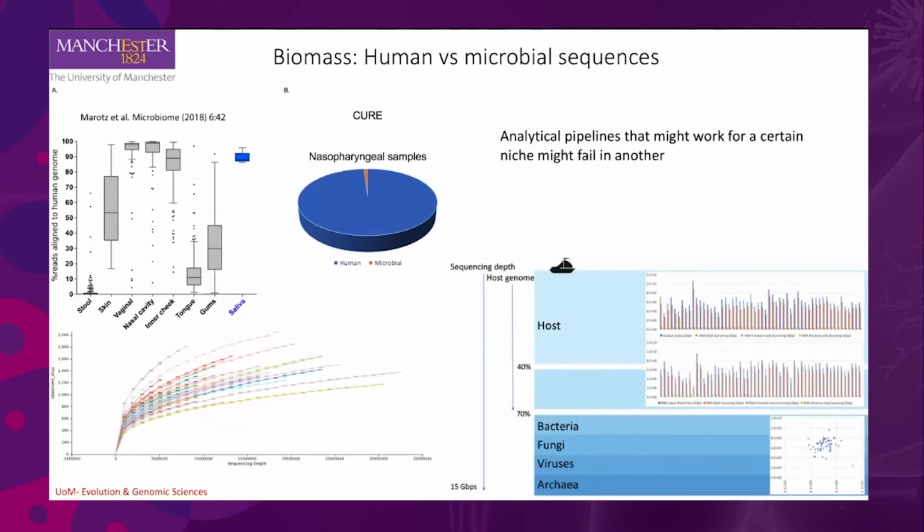In Cure, on average, we get about 15 gigabase pairs of sequence information per sample. And something that is really important to understand is that this doesn't mean anything if we don't analyze the data in such a way that we can understand what fraction of the actual diversity we are able to capture.